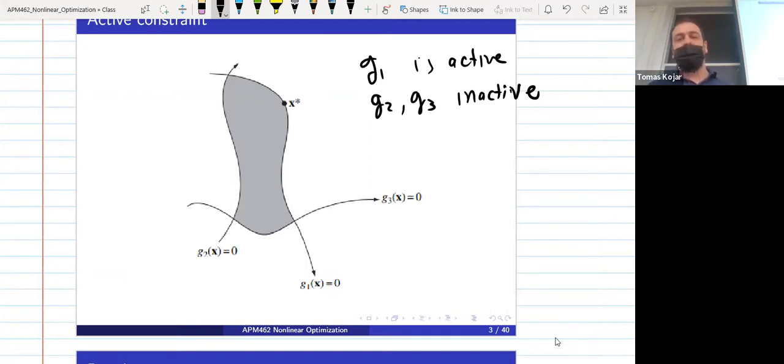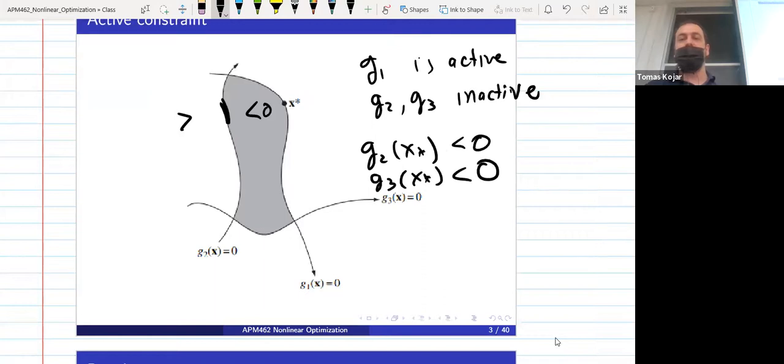First of all, what is G2 of X star from the picture? It is strictly less than zero. Zero is over here. Here is positive, and here is negative. Same thing for G3. But G1 of X star is exactly zero.